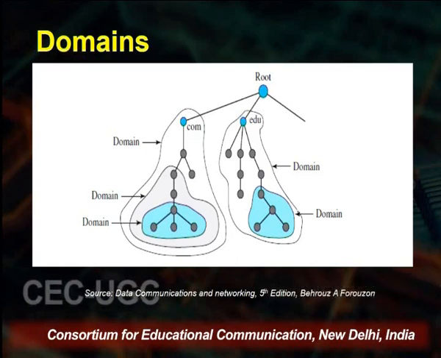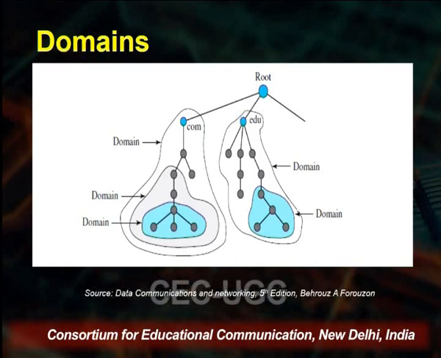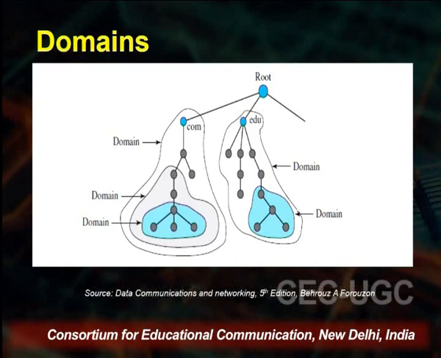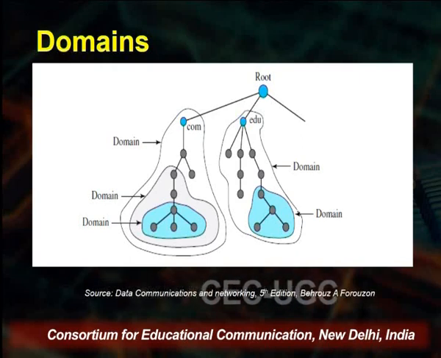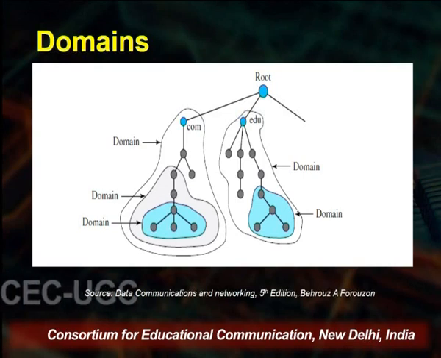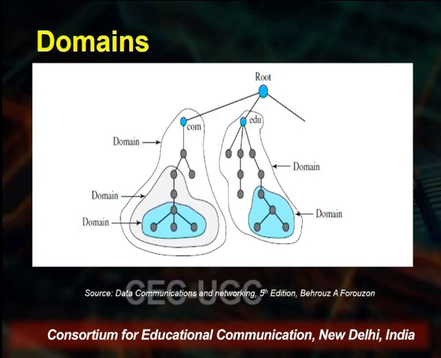We are seeing that the domain structure is actually in the form of a hierarchy, an inverted tree structure, and the root node is at the top. Then individual domains come, like for example here in this figure we can see the .com domain and the .edu domain.